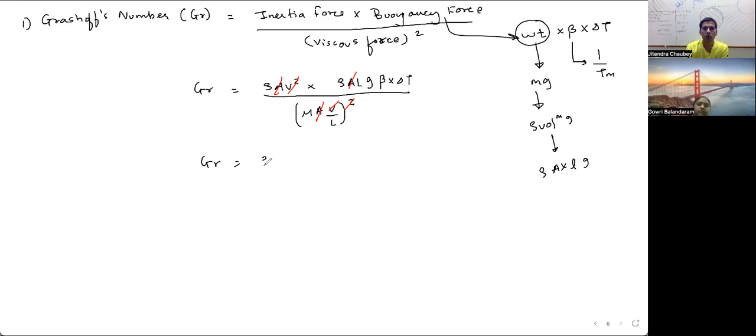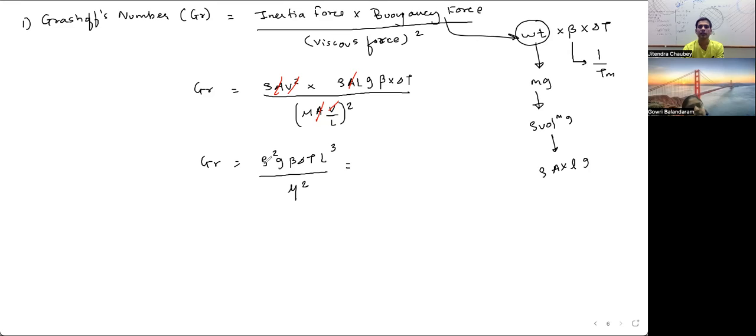Gr is equal to rho square g beta delta T, then this L square, so this becomes L cube. I should not cancel this square. V got cancelled out, so it will be rho g beta delta T L cube upon mu square.